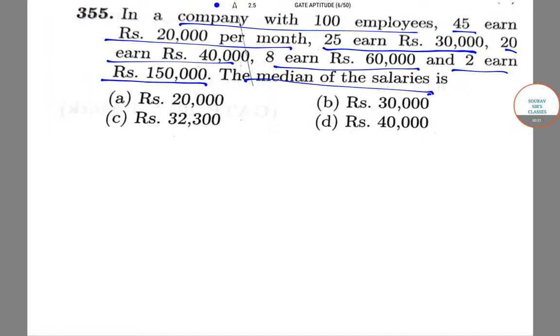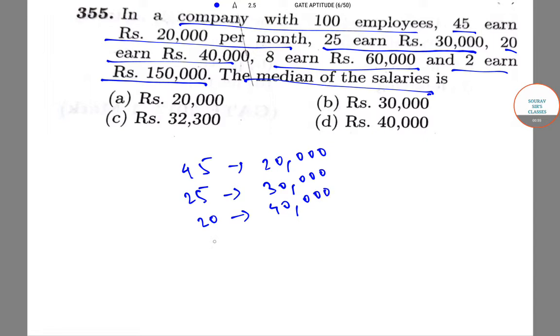So, first we'll arrange the values, in any order, ascending or descending. So let us take this to be ascending. So we have 45 people who have their monthly salary to be 20,000. Then we have a further 25 whose monthly salary is 30,000. Then a further 20 whose monthly salary is 40,000.